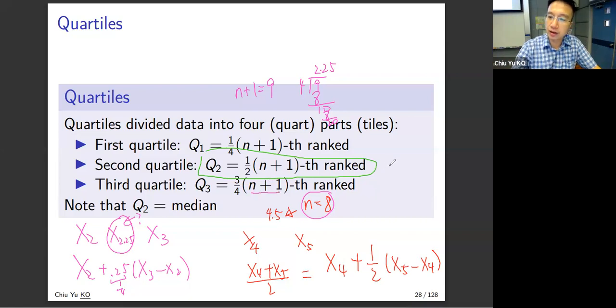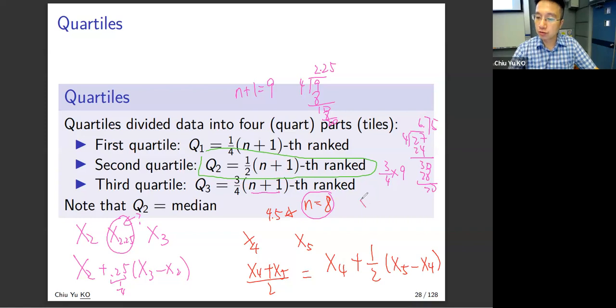Suppose I have, again, n plus 1. So 8 plus 1 is 9, and 3 times 9, divided by 4, is 27 over 4. It's 6.75.